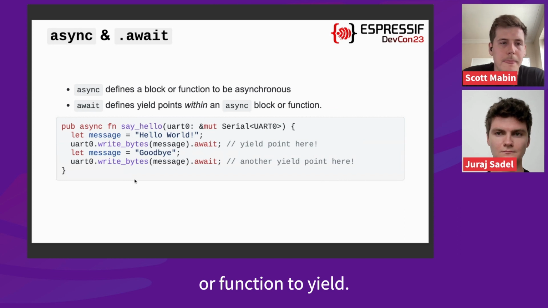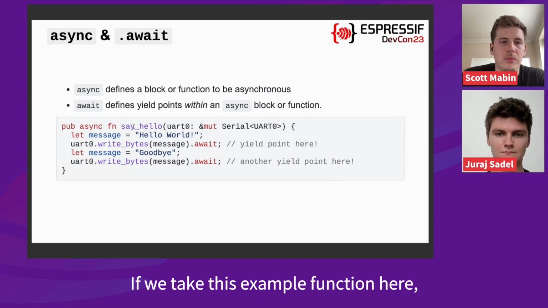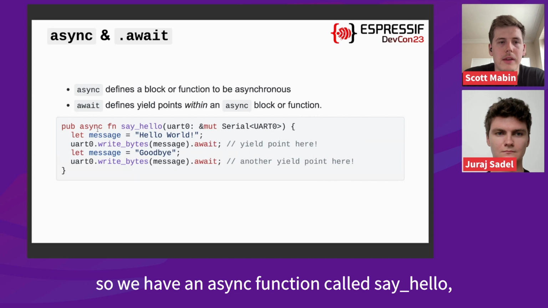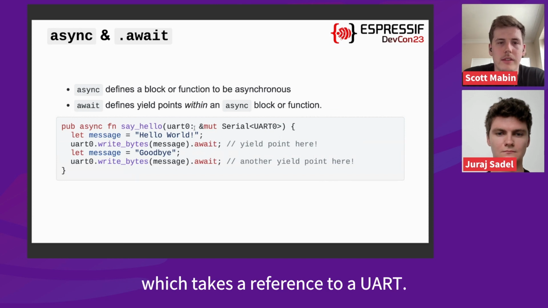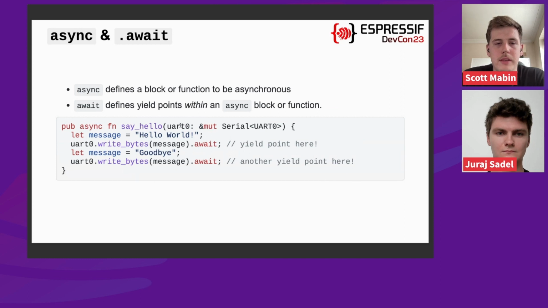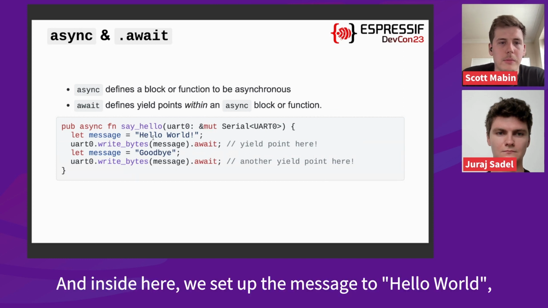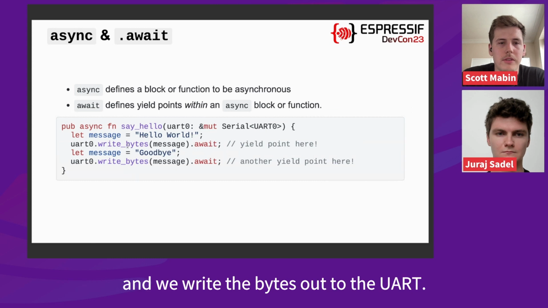to yield. So if we take this example function here, we have an async function called sayHello, which takes a reference to a UART. And inside here, we set up the message to hello world, and we write the bytes out to the UART.